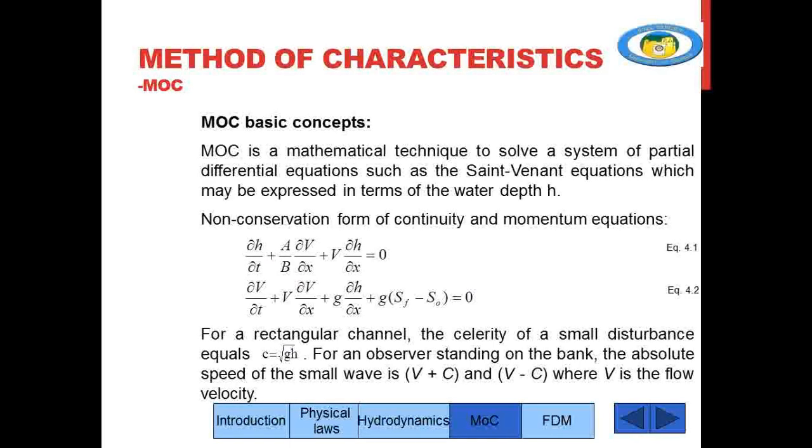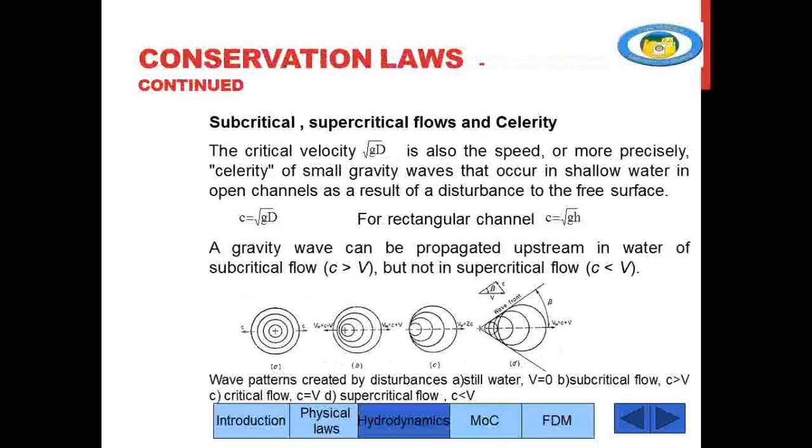So celerity, we have said, basically it's a critical velocity. When there is a disturbance in shallow water in open channels, then this disturbance will propagate in both directions with the magnitude of square root of acceleration due to gravity times the depth of flow. So for rectangular channels, this would mean C is equal to radical of g times H.